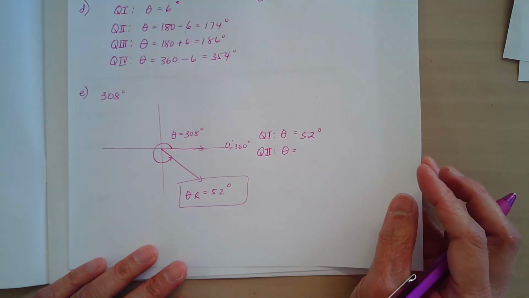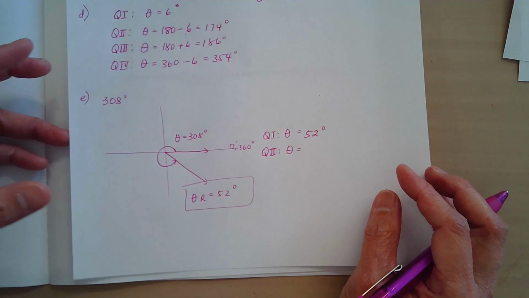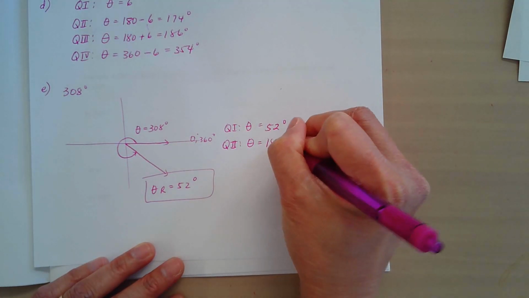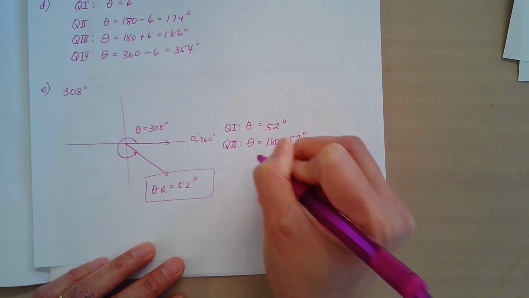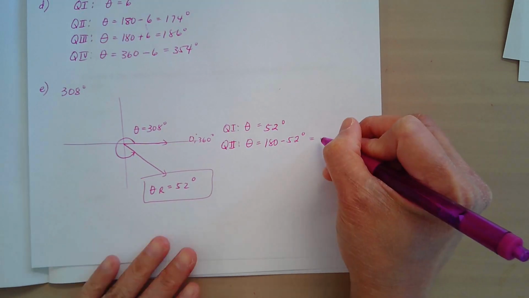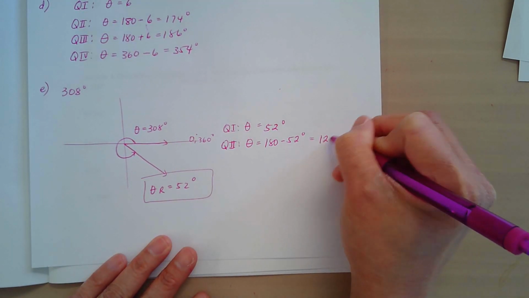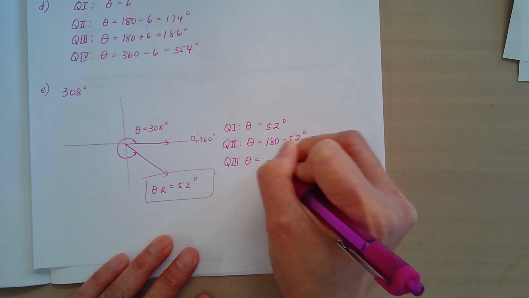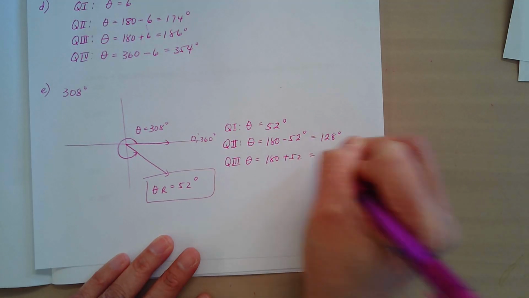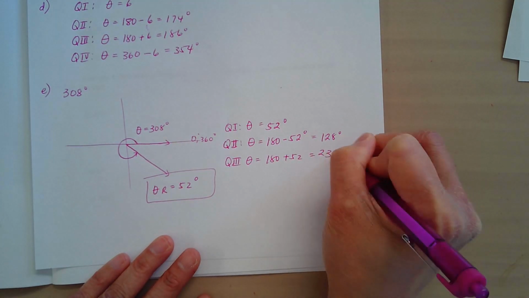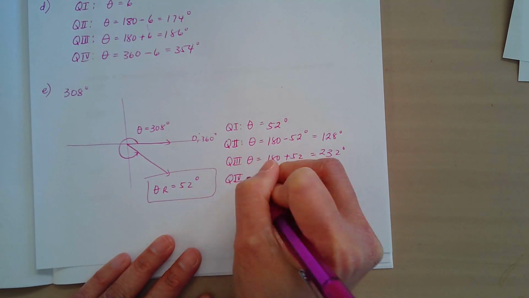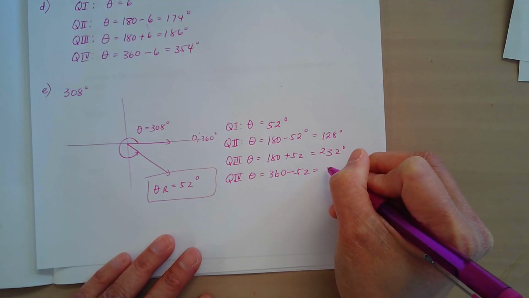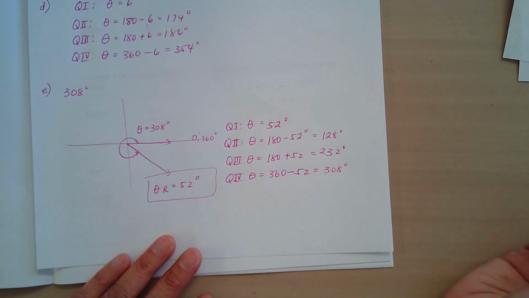If we want to find all of the angles that have a 52-degree reference angle, it's going to be 52 degrees in quadrant 1, and that's going to be 128 in quadrant 2. In quadrant 4, 360 minus 52, which is 308 degrees.